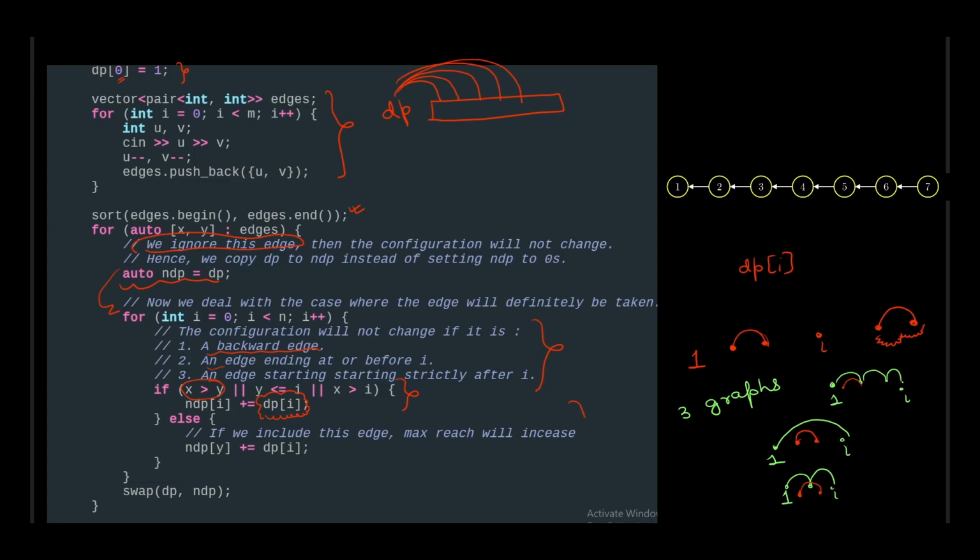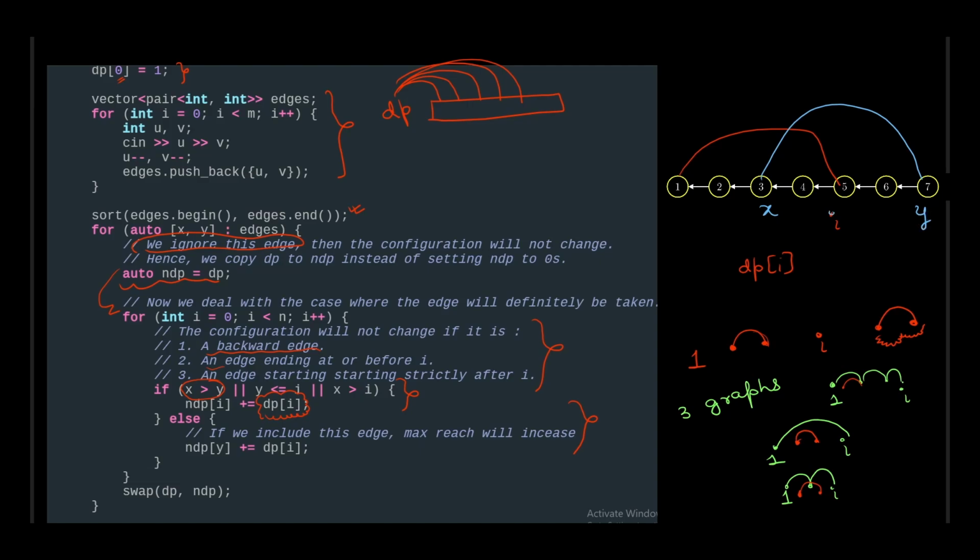Now what about the last case where they are able to change the configuration? That can only happen if this is i and the x to y that you are considering crosses the boundary. And if it crosses the boundary, then you can now reach up till y, right?